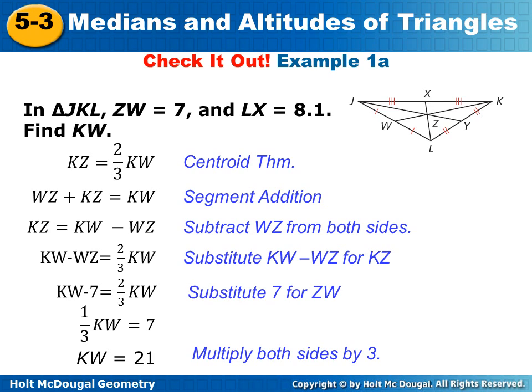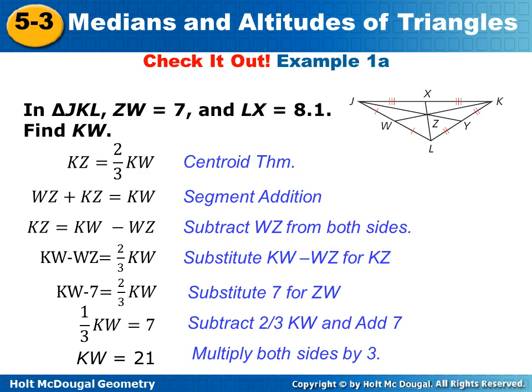If we substitute 7 for ZW, we get KW minus 7 equals 2/3 KW. And then subtracting 2/3 KW from both sides and adding 7, we get 1/3 of KW is equal to 7. And multiplying both sides by 3, KW is equal to 21. I know that was a lot of math and a lot of manipulation.